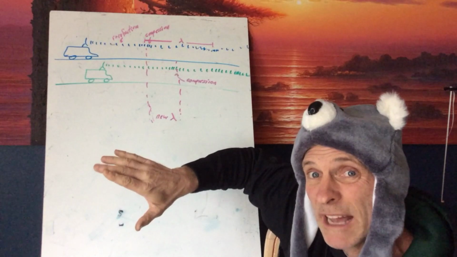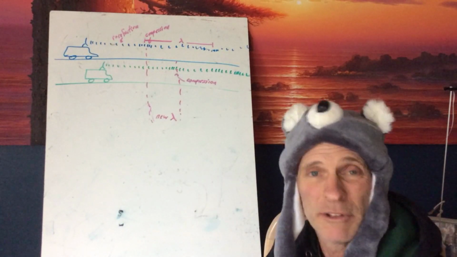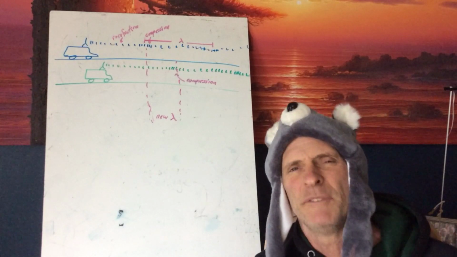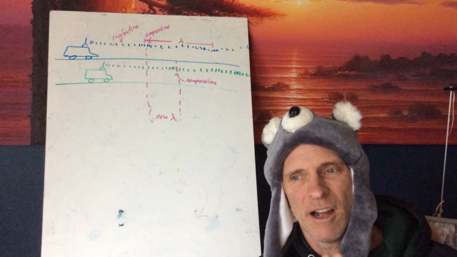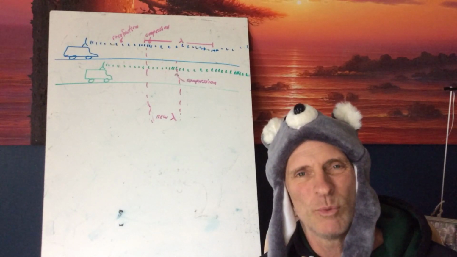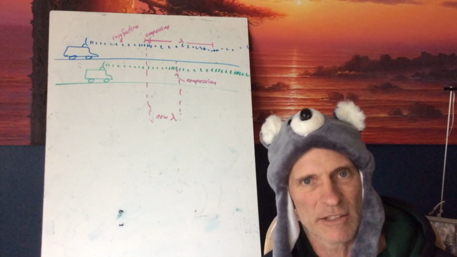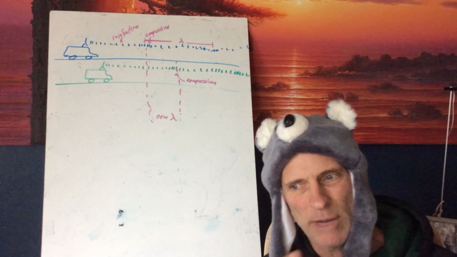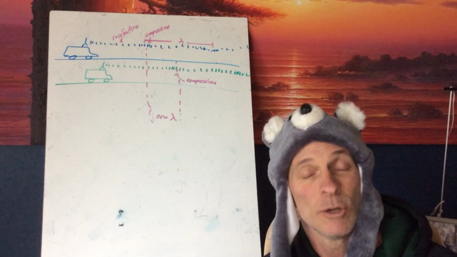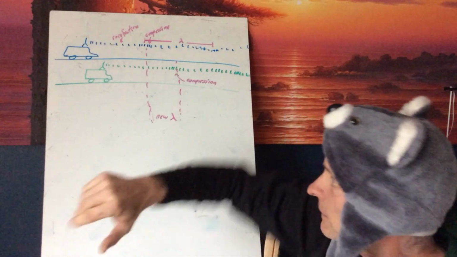Well, it's also got its own compressions and rarefactions, which I did not draw the lambda for. But if you can imagine, the green car, as it's emanating waves, is pressing up against the wave fronts that it just emitted a fraction of a second or a couple of seconds previous. So those wave fronts are pushing up against wave fronts that were emitted a certain time ago.